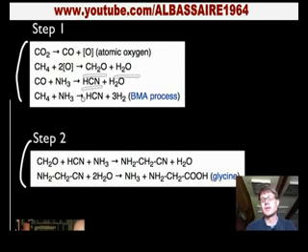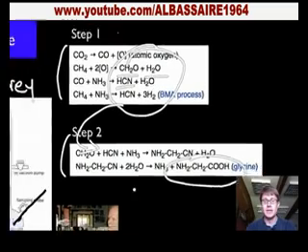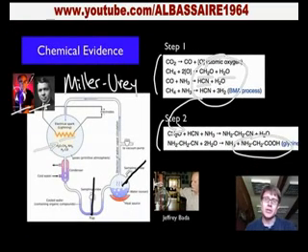And so we can produce these things in a one-step process, and then we can eventually use these, or the products of this reaction, as reactants in this next reaction. We can actually make things like glycine. Glycine is a very simple amino acid. And so Miller and Urey were able to show that if you have a sterile environment where there's no oxygen, you can actually make the building blocks of life, which are those amino acids.